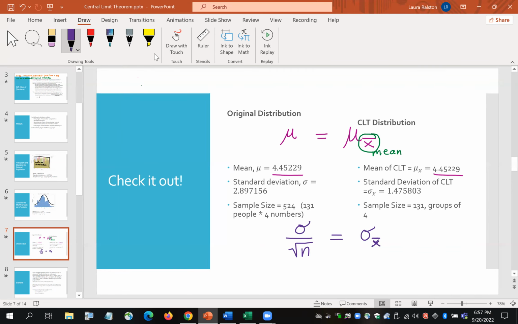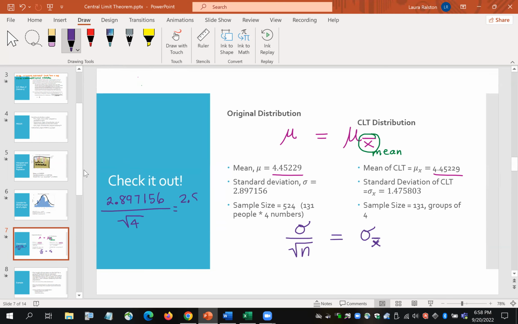So in this case, I would have the original standard deviation, which is 2.897156, divided by the square root of 4, because we had 4 digits, so my sample size was 4.